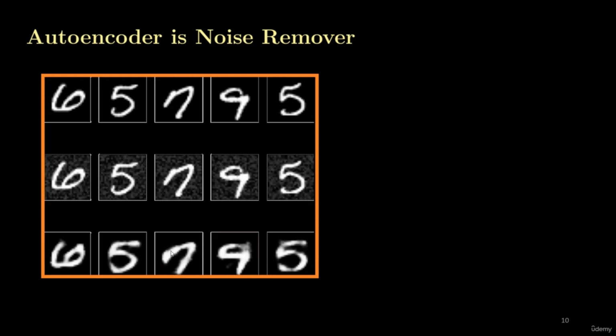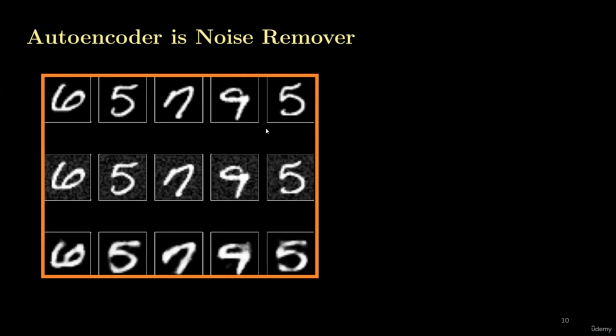If we see here, this is the image after the noise removal. It is not exactly the same as the input image, but it is still readable and recognizable, and we can still recognize that this is a digit 9. Similarly, this 5 after the noise removal is not as sharp as the input image, but it is still recognizable and we are able to read it as a 5.